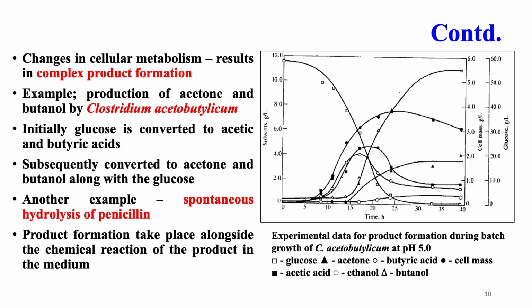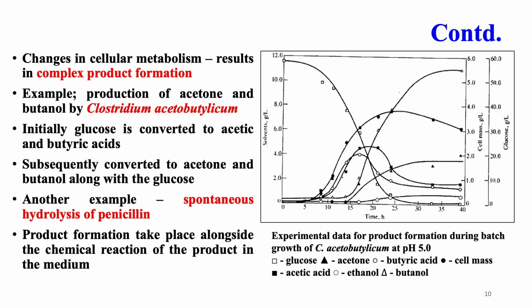For example, in the production of acetone and butanol by Clostridium acetobutylicum, in the initial period glucose is converted to acetic acid and butyric acid, which are subsequently converted to acetone and butanol. So there can be synthesis of more than one product, and the products may not follow a similar trend. One may be growth associated, the other non growth associated.